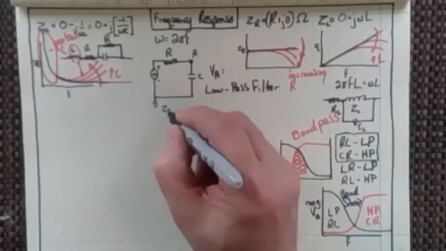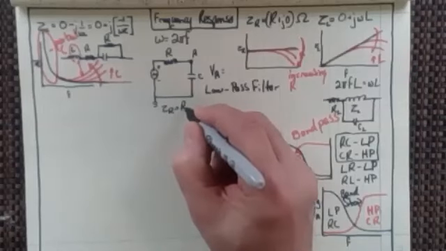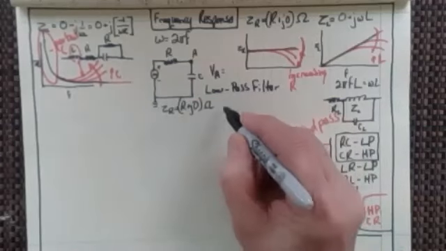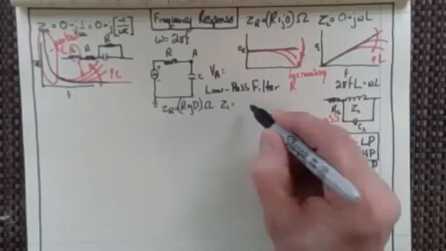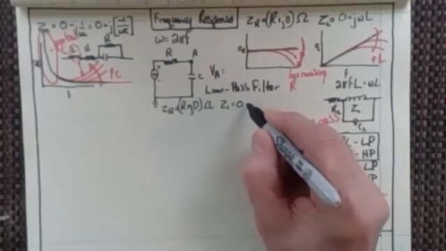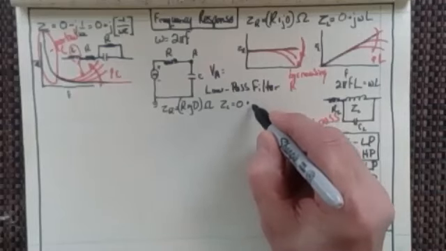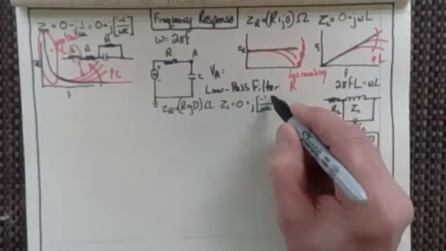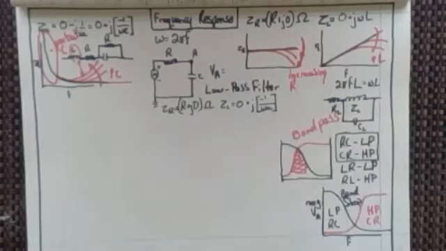So I've got Z sub R equals R plus J 0 ohms. And I have Z sub C equals 0 plus J minus 1 over omega C, right? I think everybody can see that.